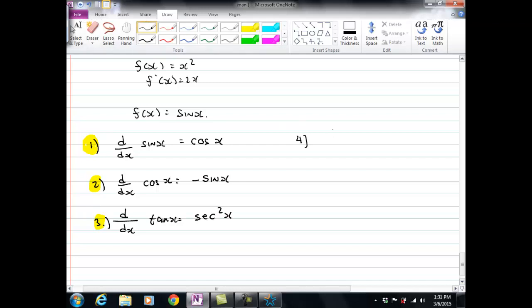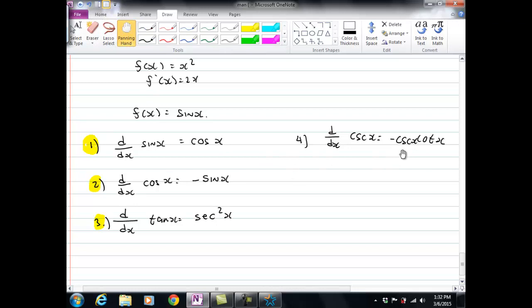4. d dx of cosecant x. And this is where it gets confusing. Negative cosecant x cotangent x. Yep.